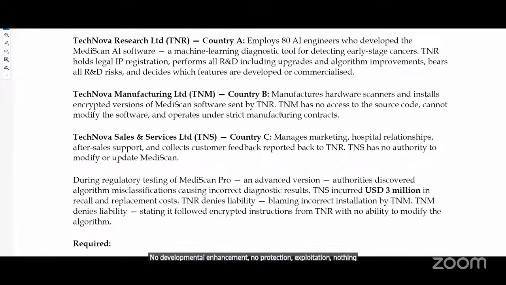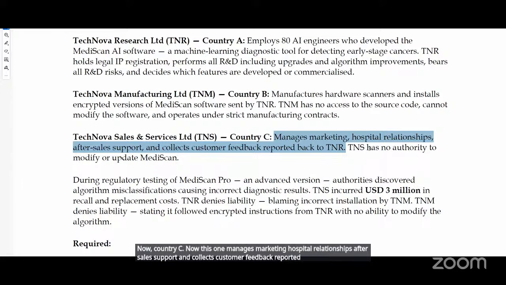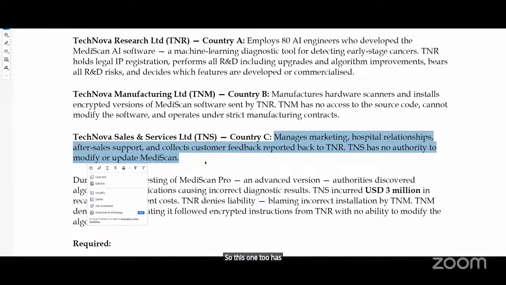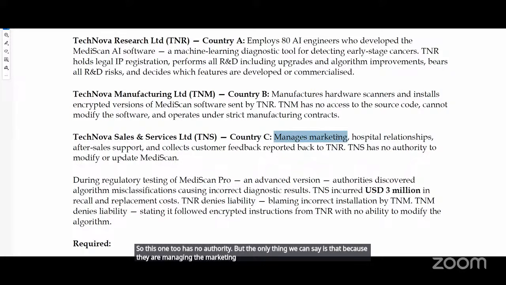Okay, now let's look at Technova Sales and Services. Country C. This one manages marketing, hospital relationships, after sales support, and collects customer feedback reported to TNR. TNS has no authority to modify or upgrade Mediscan. So this one too has no authority. But the only thing we can say is that because they are managing the marketing, they are maybe commercializing it.